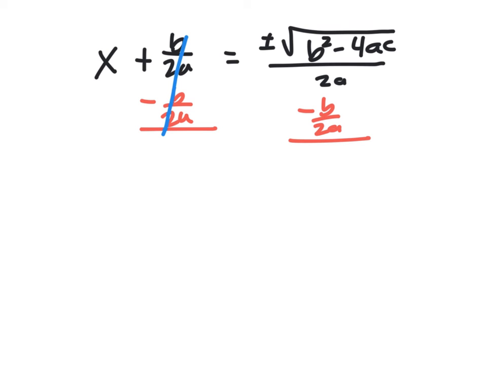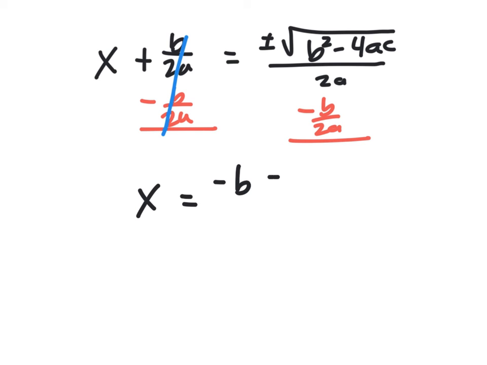So as I said, we need to subtract b over 2a from both sides. And the cool thing is, when you do that, you end up with two expressions for x. Since these are common denominators, we can write the whole thing as follows.